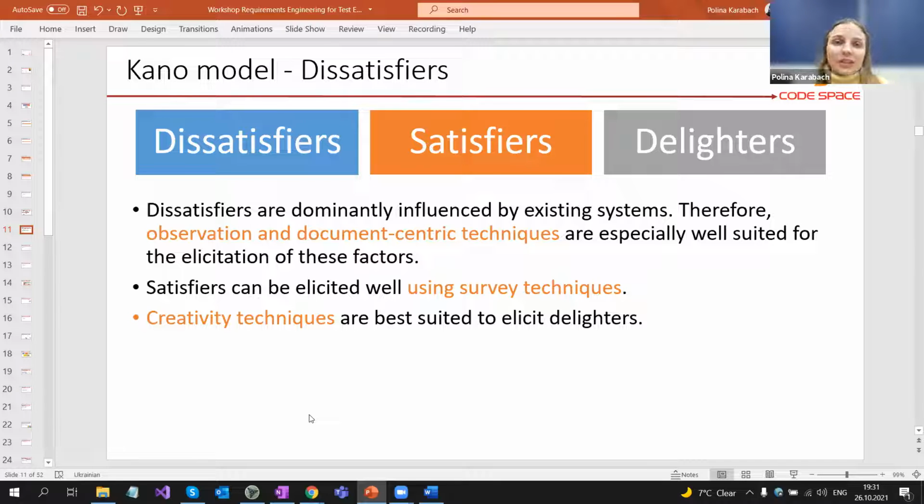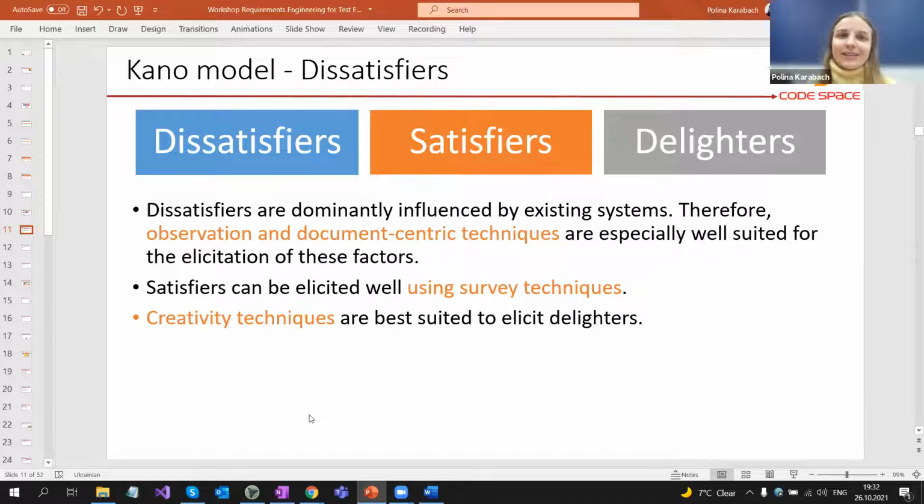And document-centric techniques, when we have certain documentation and we can just browse through it and find these details of the basic functionality that is just absolutely needed to be in the software. Satisfiers are something that our users know, so it's a conscious knowledge. And then the surveying techniques will help us find these features just by asking our users, and we will see further which survey techniques there are.